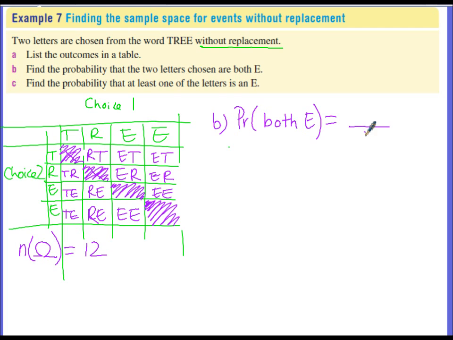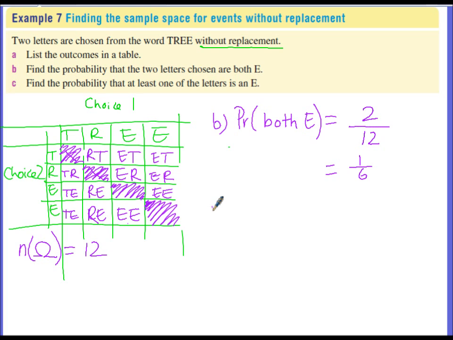So I already know that I'm dividing by 12. So let's go and count the both E's. How many times does that happen? It happens there and it happens there. So the probability that I'll get both E's is 2 on 12 or 1 on 6. Simplifying that fraction.